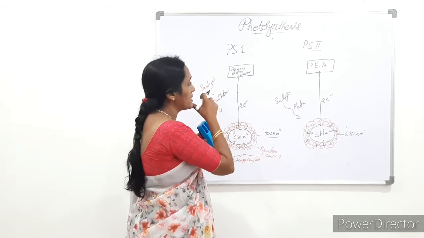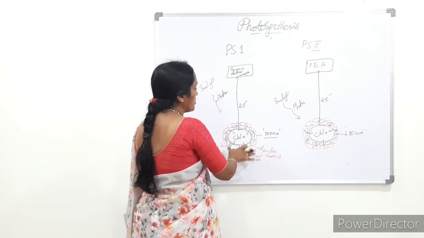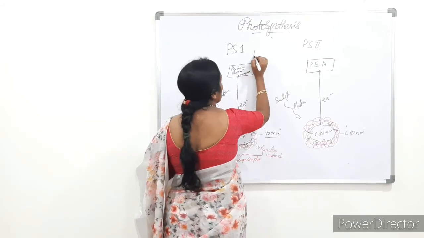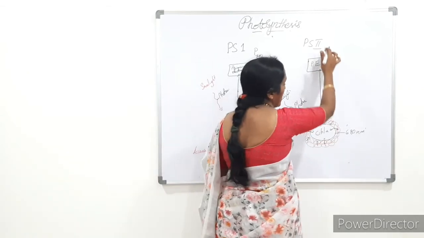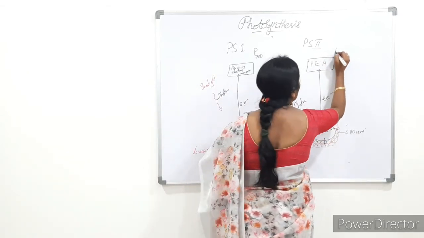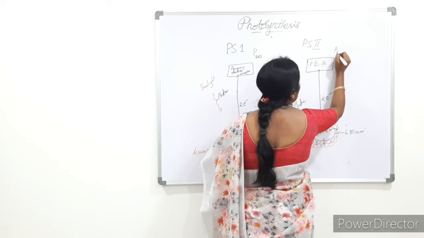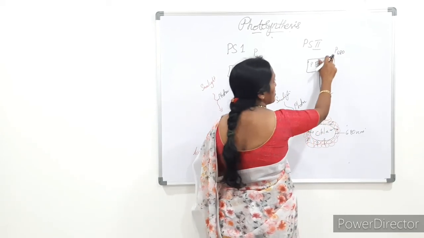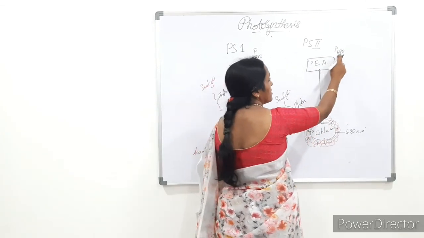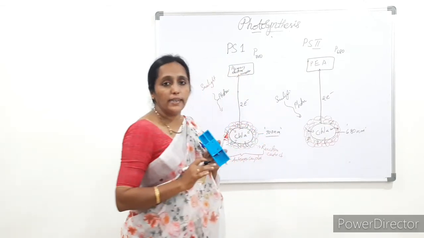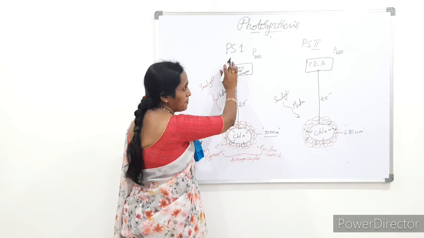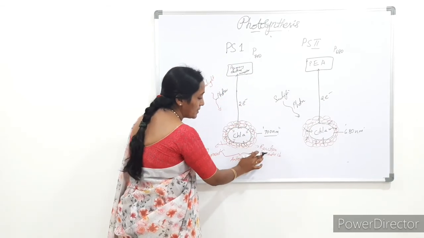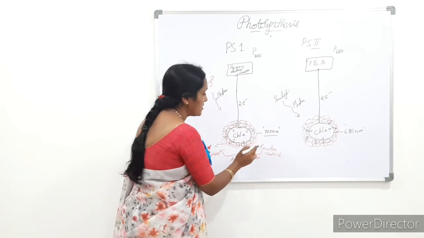One more thing: photosystem 1 we can simply write as P700, and PS2 as P680. That means photosystem 700 and photosystem 680. Either in PS1 or PS2, the chlorophyll A is the one and only reaction center.